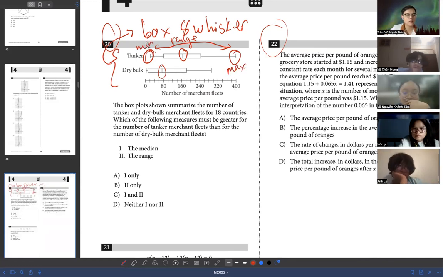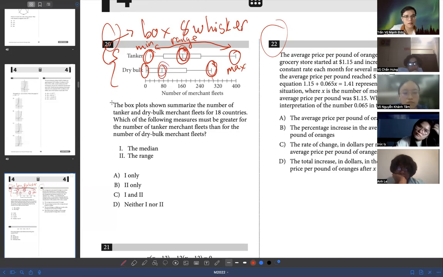So on the SAT, there are just 3 values you're gonna have to remember. For the box and whisker, it's very apparent. The maximum value, which is the last line, the minimum value, which is the first line, and the median, which is the line in the middle, in the box. Here, this is the median.